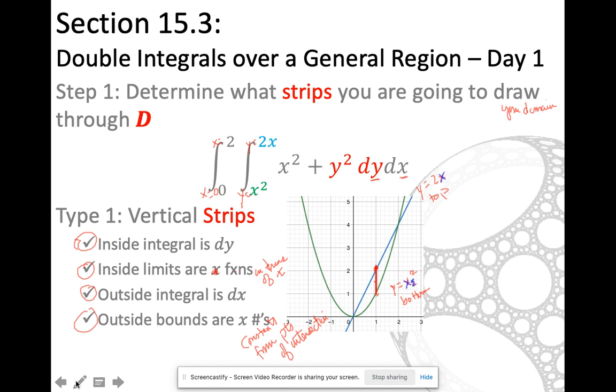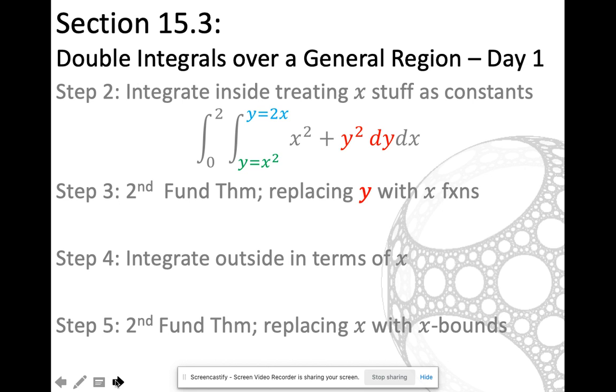Now I'm going to do my integrals. I'm going to look just here and integrate this dy, which means I think of x squared as a constant. So integrating just this inside part, the antiderivative of a constant is what?